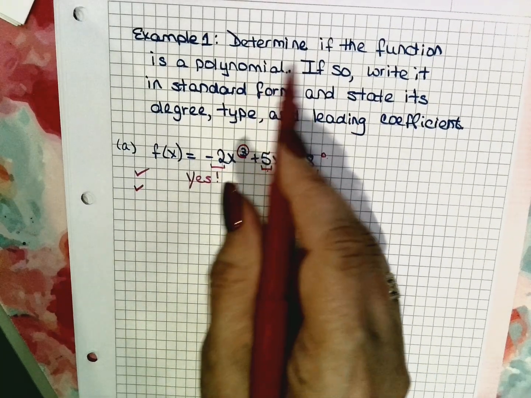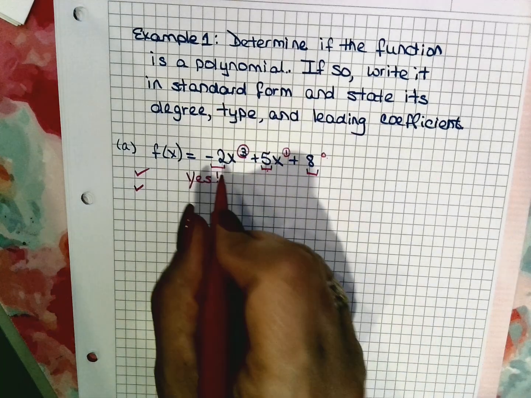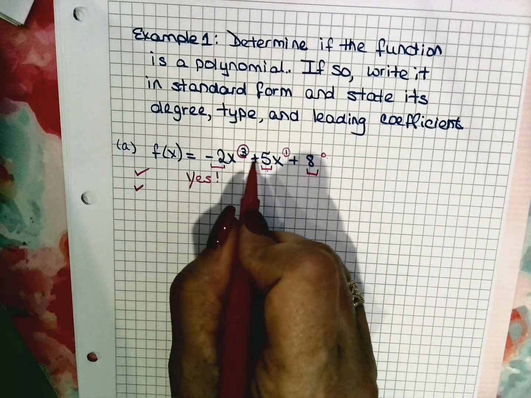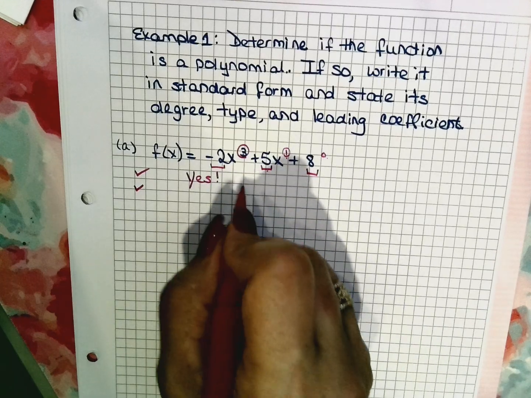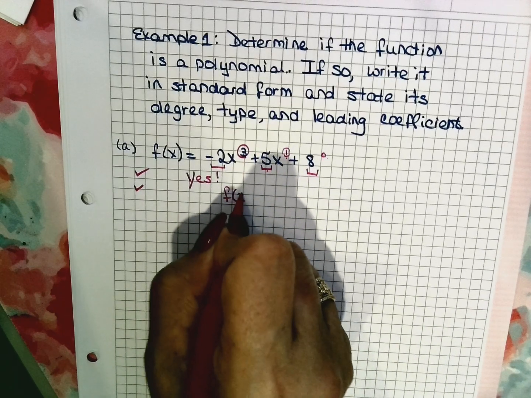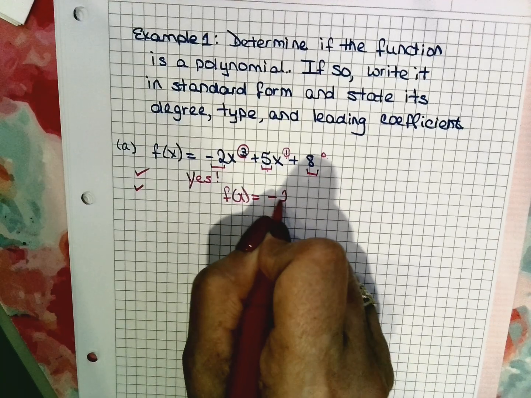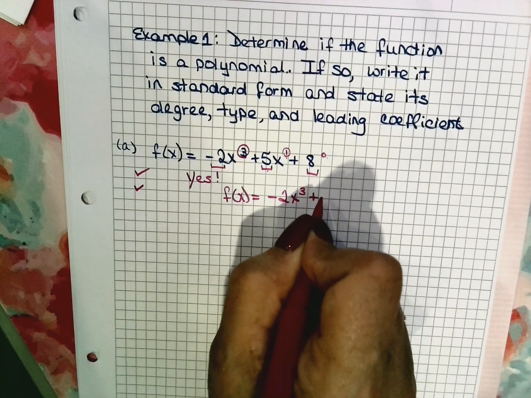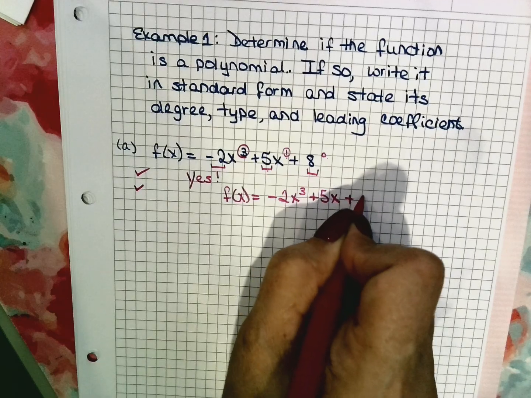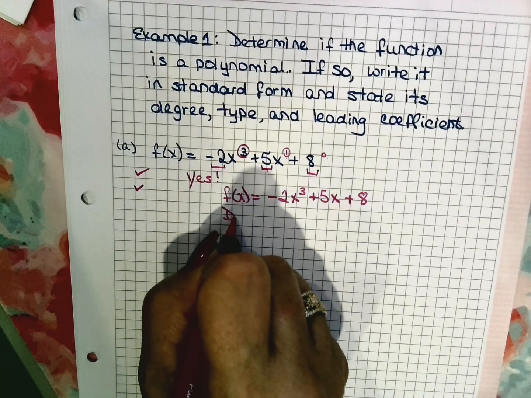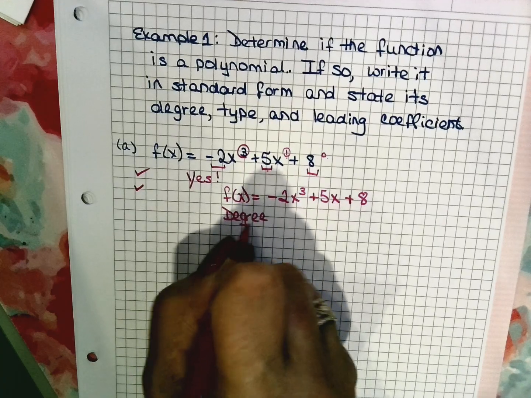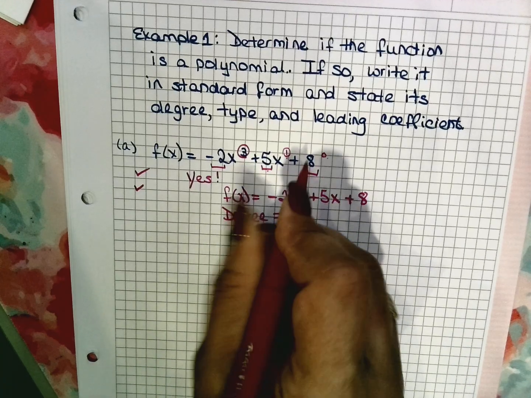The next thing we do is write it in standard form. Well, this guy is already in standard form. It's descending order, 3, 1, 0. So I'm just going to rewrite it, but it has already been done for you. So that's awesome. Okay, state its degree. So again, the degree is coming from that very first term.